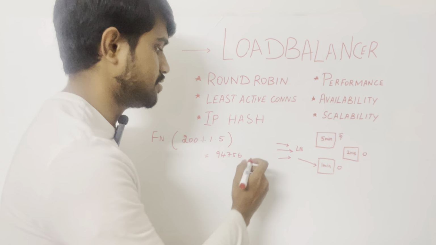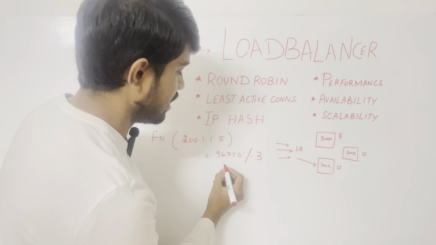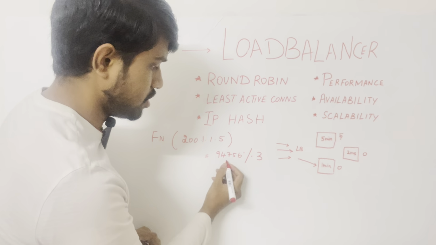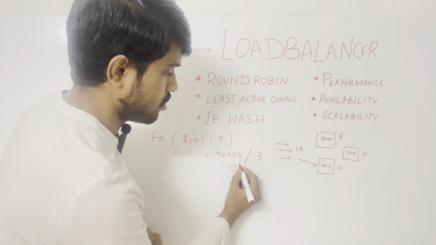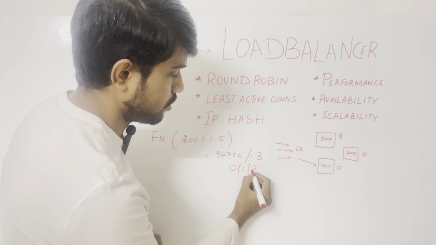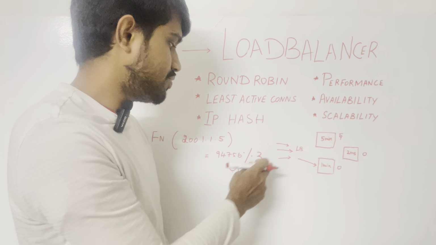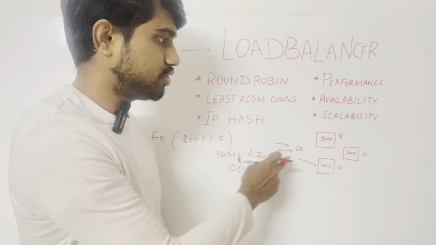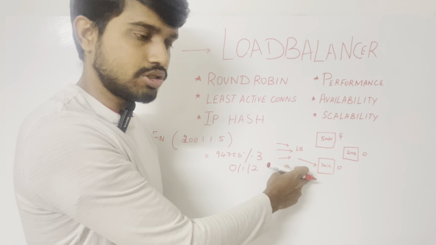Once you get it, you do a mod by the number of servers. Say you have 3 servers here, so you do mod 3. It will give you one of those numbers, either 0 or 1 or 2, right? If it is 0, you put the request to the first server. If it is 1, you put the request to the second server. If it is 2, you put the request to the third server.